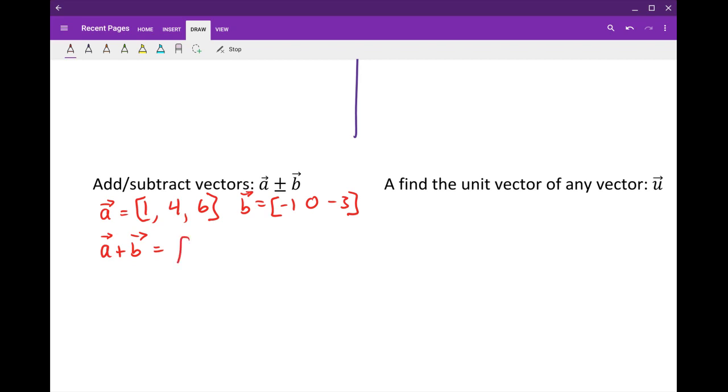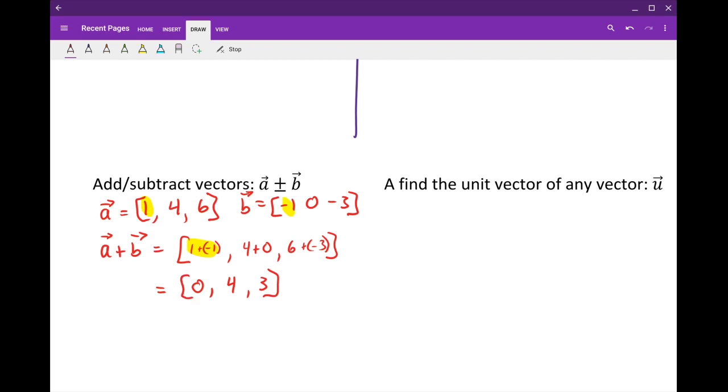So it's going to be a new vector that's 1 plus a negative 1, and then 4 plus 0, and then 6 plus a negative 3. And that is what A plus B is. It's just going to be 0, 4, 3.